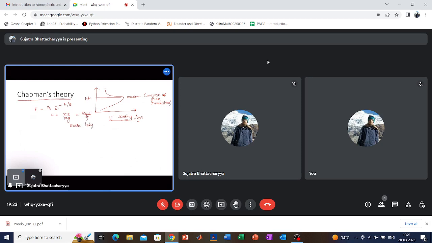Here k is the Boltzmann constant, used in kinetic theory of gases, with a value of 1.38 into 10 to the power minus 23 joules per Kelvin. So this is the unit.